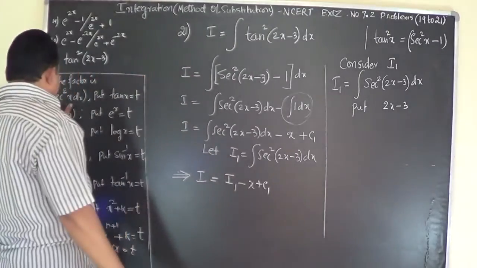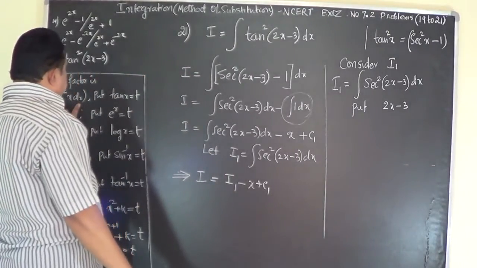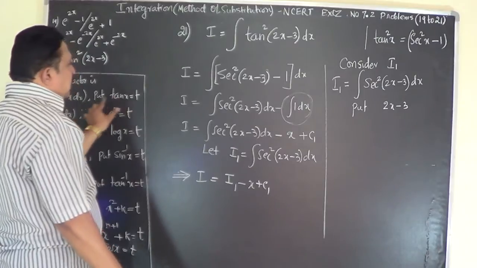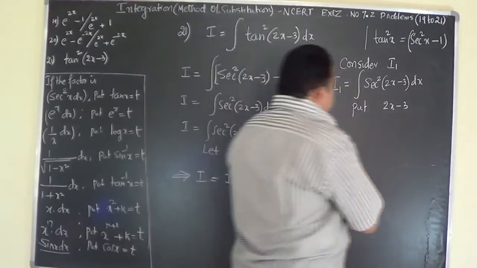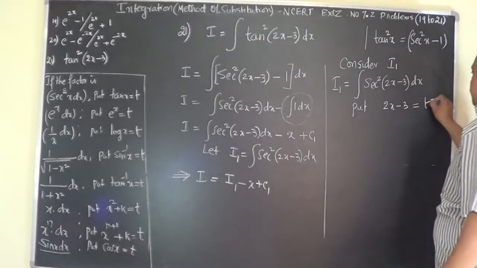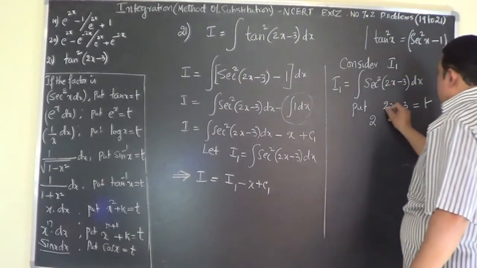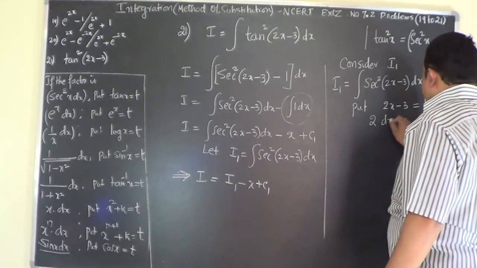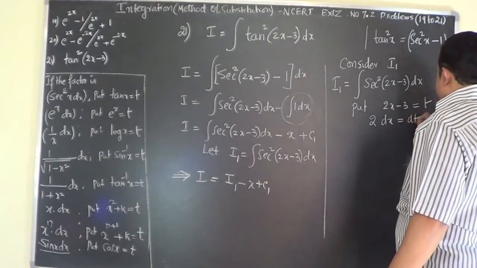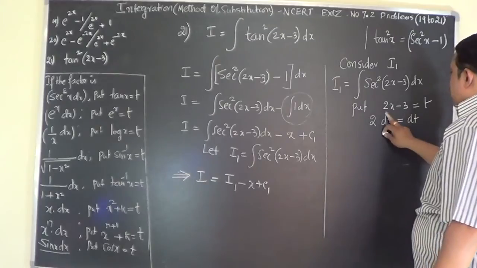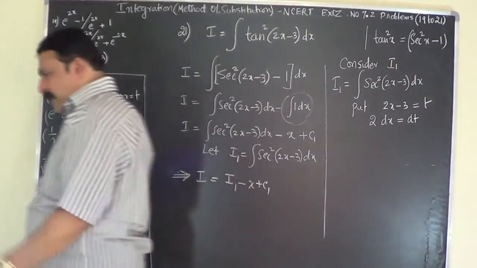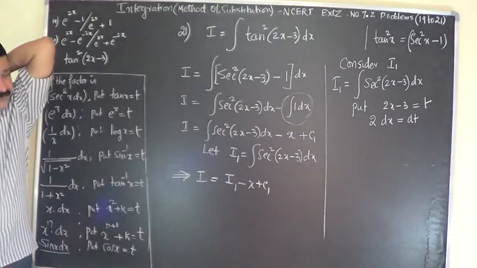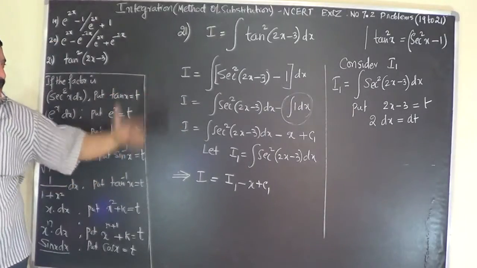If the problem has secant square, then it should also have a tan function. That's not there. So just put 2x minus 3 equals t. Differentiating, 2 into dx equals dt. Now look at the formula and continue.